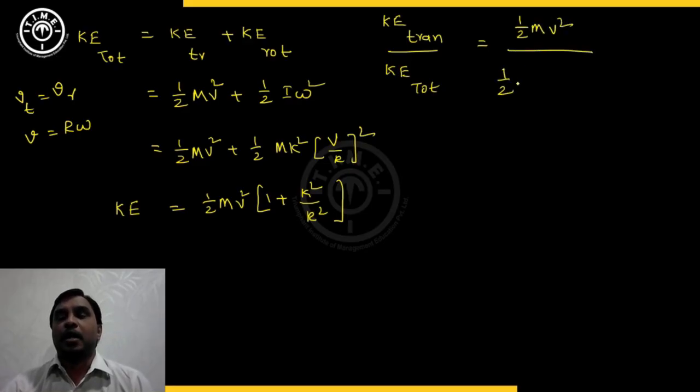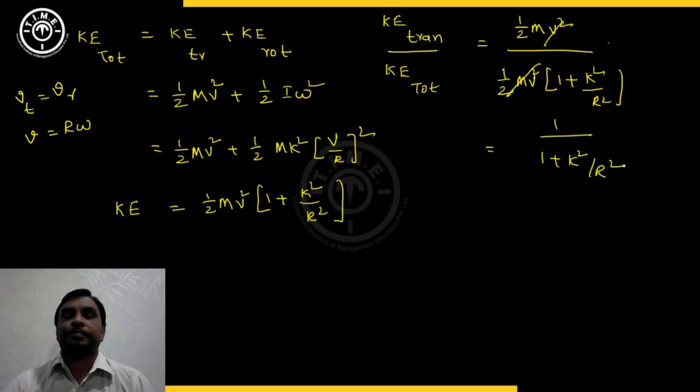Total energy is half mv square into 1 plus k square by r square. This gets cancelled. You are left with 1 by 1 plus k square by r square. And you can calculate kinetic energy due to rotation to that of total kinetic energy.